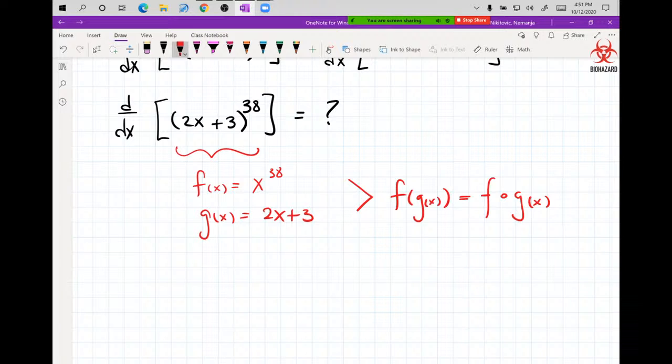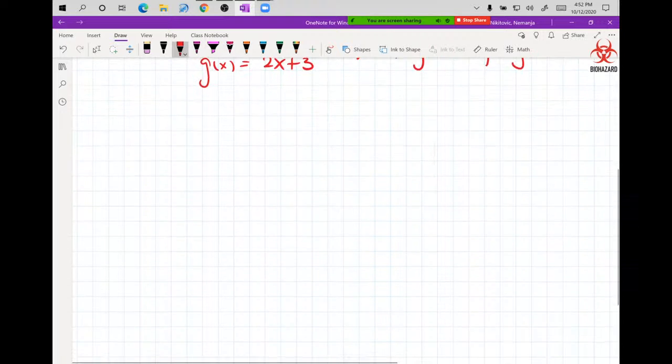But what if you get e raised to the cosine x? There is no algebraic witchcraft that you can use to plow through that one. So we need to figure out the way to take the derivative of function composition.